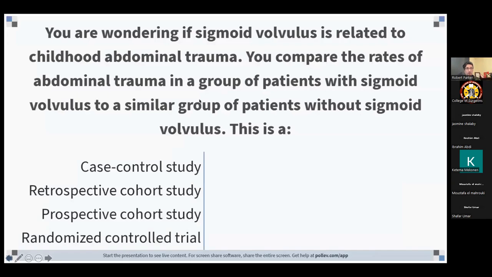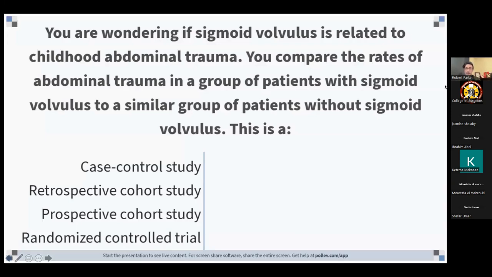Okay, good. So I think that's a case control study. So you are looking at a group with an outcome, and that outcome is sigmoid volvulus, and you are comparing that group, those cases, with a group of those without the outcome, or those who do not have sigmoid volvulus.